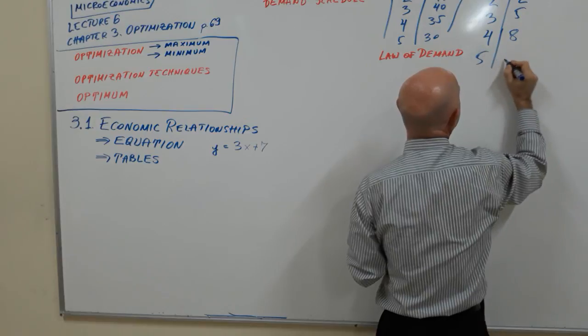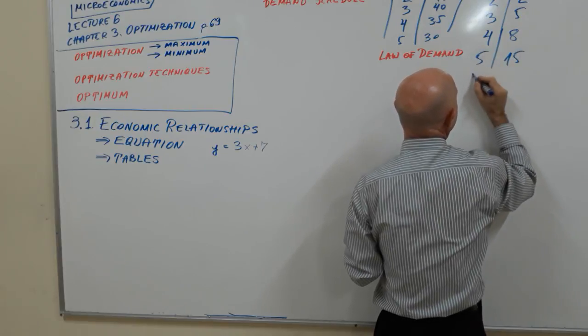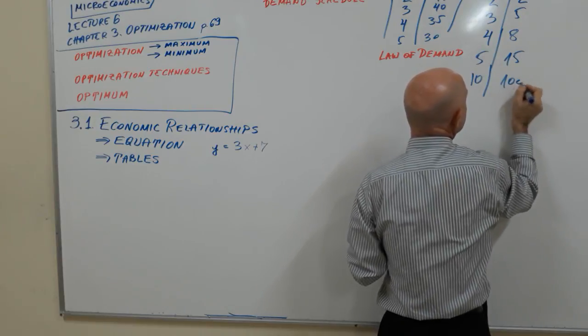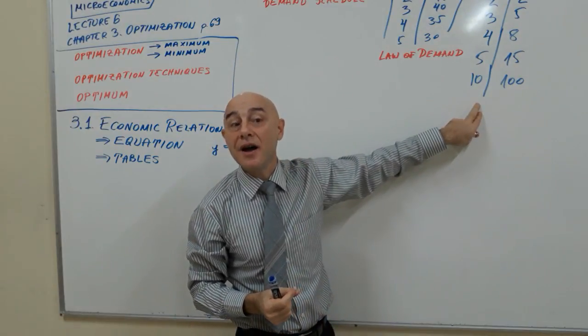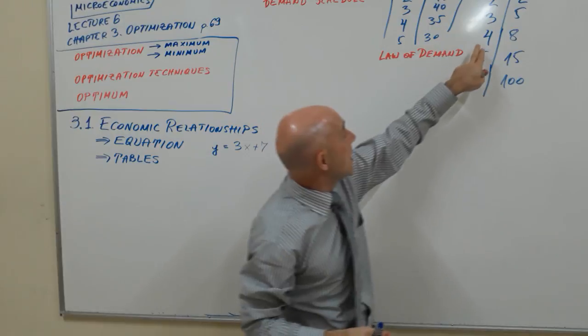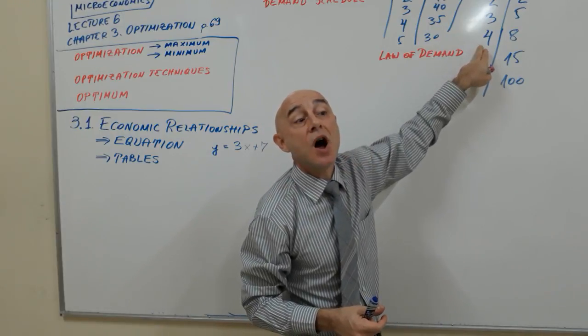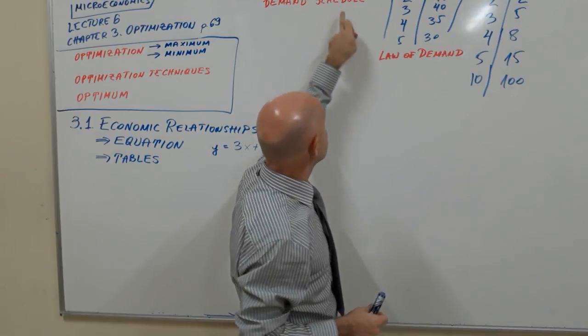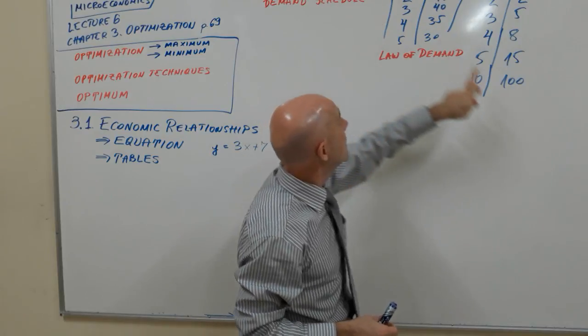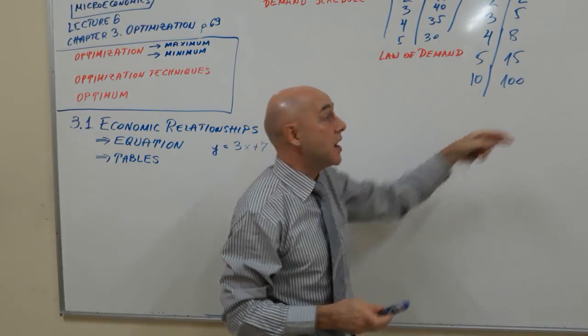But price 5 becomes 15. But price 10 becomes 100. And this is supply. Okay? And this becomes a supply schedule. So you have a demand schedule, this one, and a supply schedule.